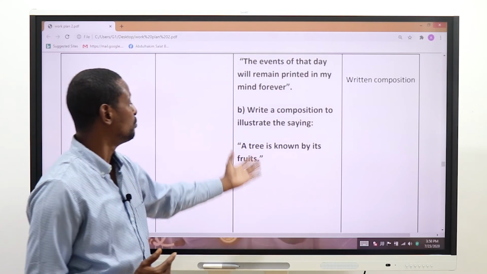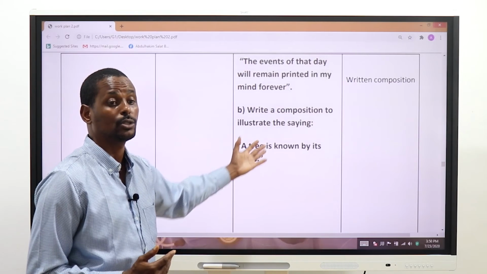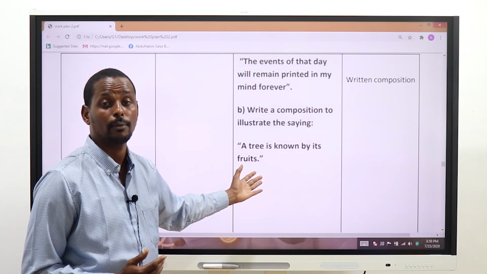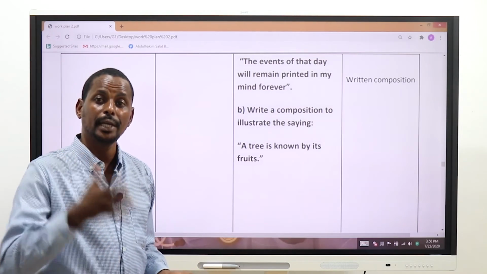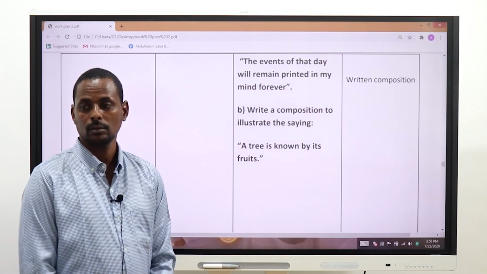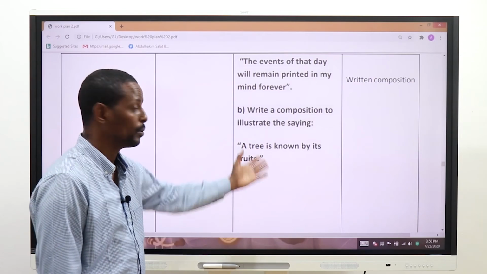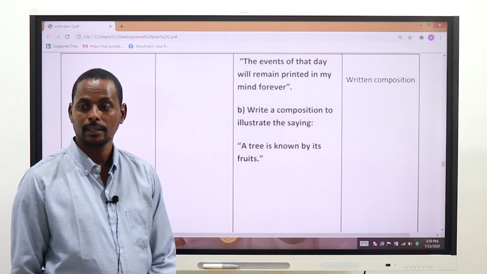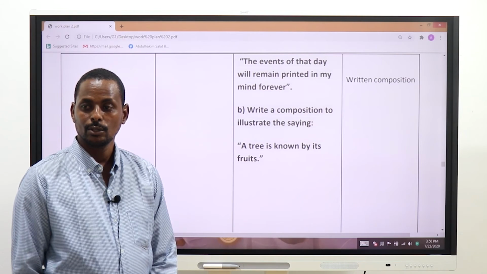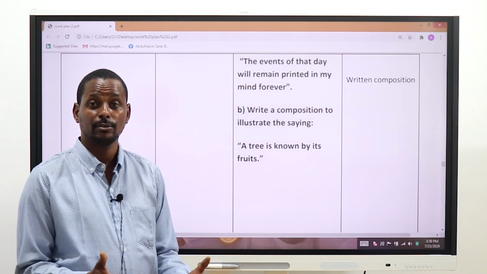You know, when we are talking of books and trees here, we are talking explicitly, but implicitly we are meaning people. We are talking about people, like father, like son, you know. So we are putting this in a real life perspective.